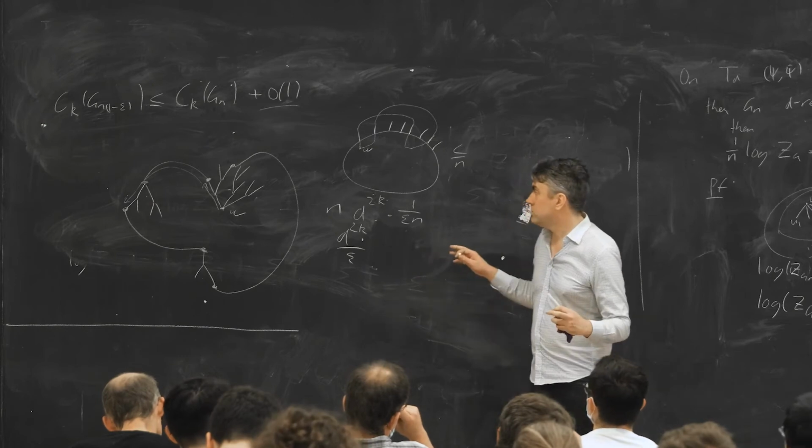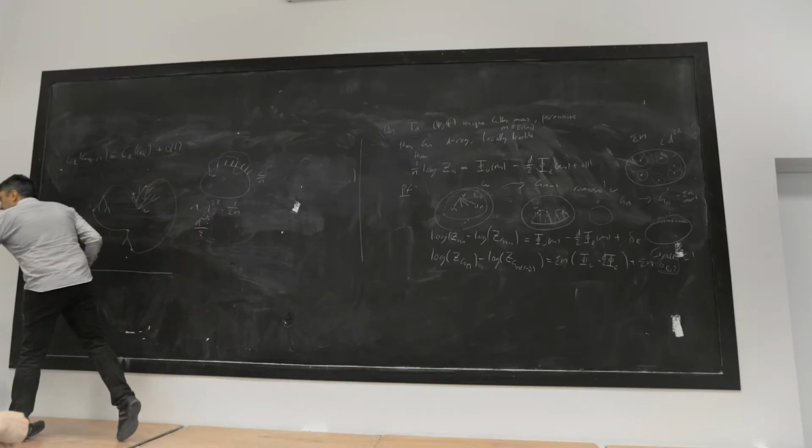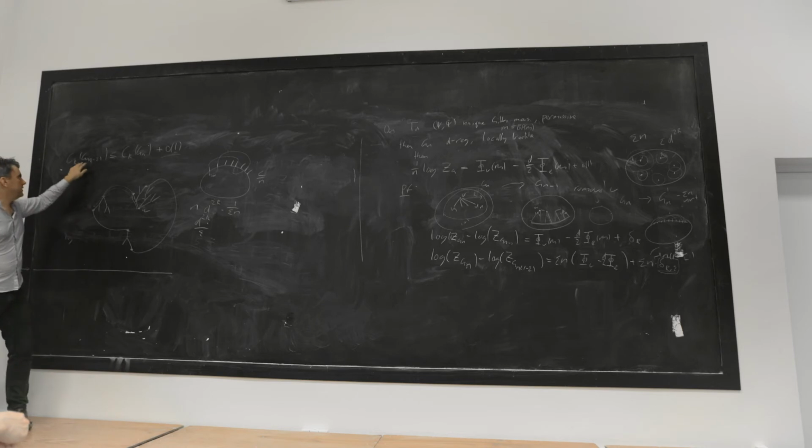Okay, so if we start with something locally tree-like, then we remove an epsilon fraction of the vertices, it'll still be locally tree-like.